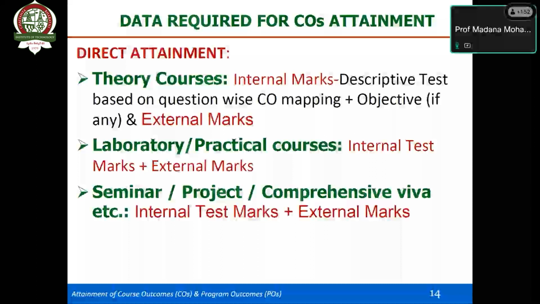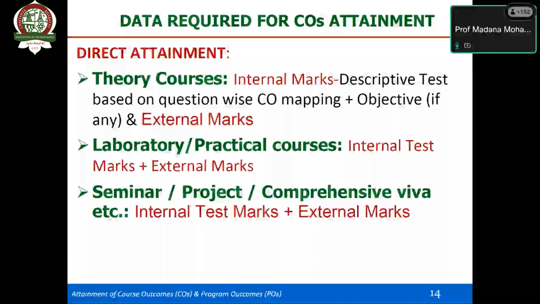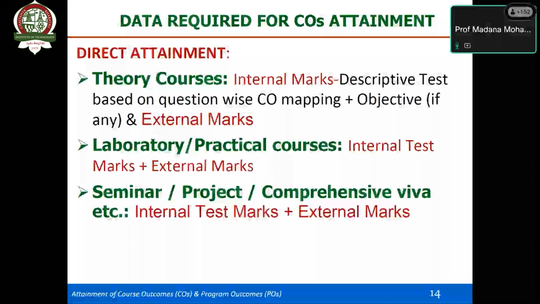So if you have the question wise marks provision, you can follow the same method that we will see for the descriptive test, question wise mapping. The same process you can apply for external marks also. Whoever does not have the provision of question wise marks and has only total marks, at that time, whatever I'm going to explain in this process, you can follow this.